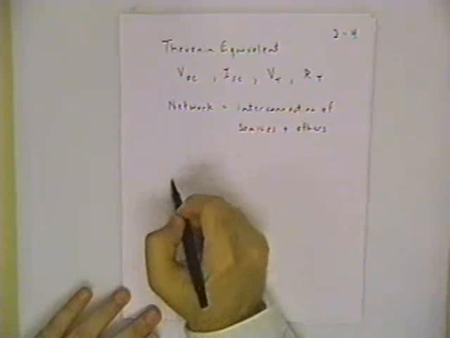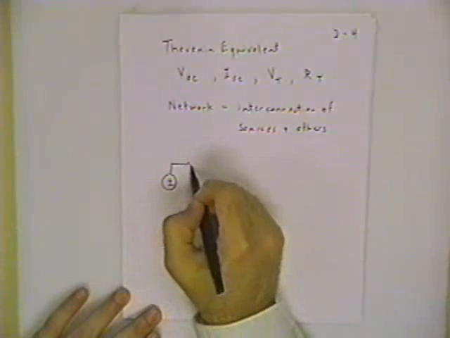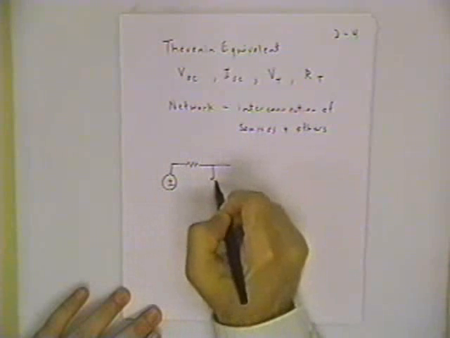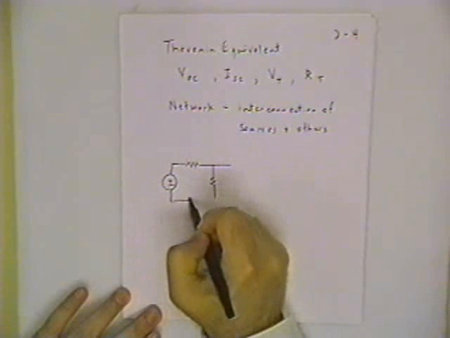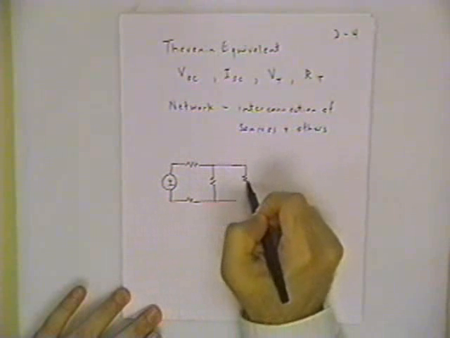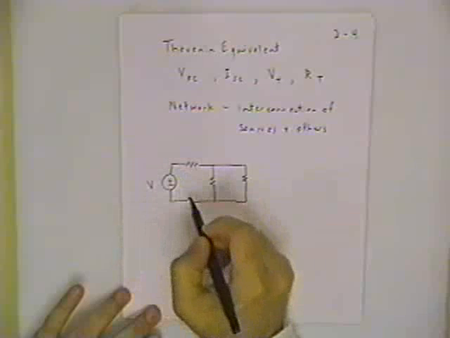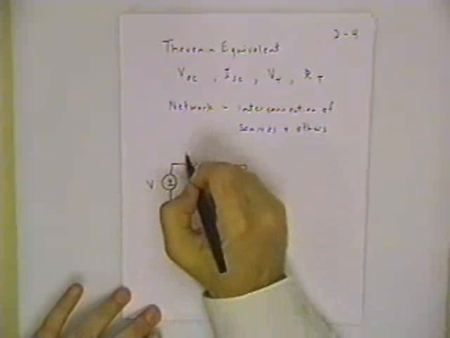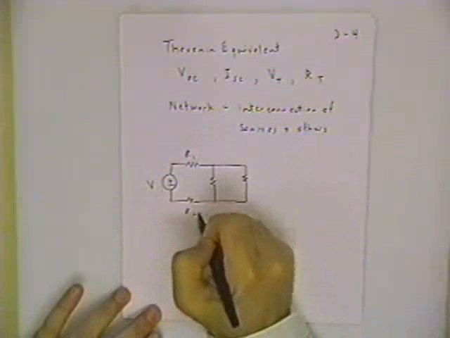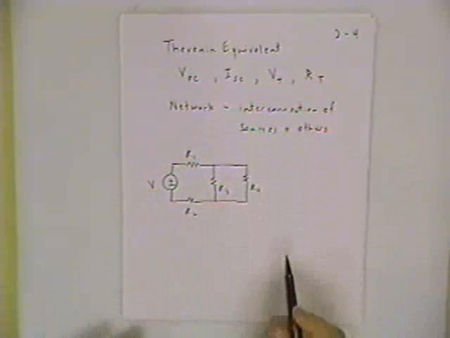What you imagine is that there's some, say, arbitrarily complicated network over here, a couple of resistors. Okay, and I have a voltage source here, and let's name all these resistors R1, R2, R3, R4.